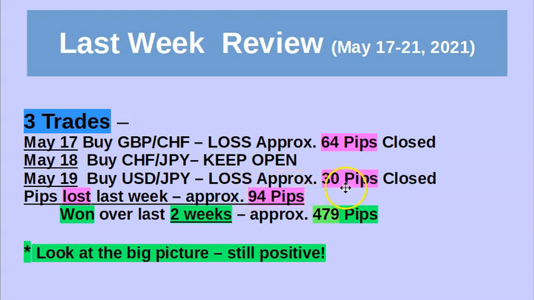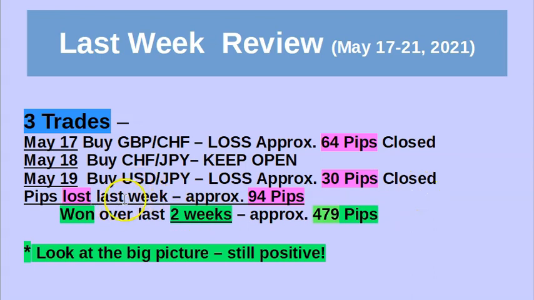It went against us, and I mentioned a few days later to watch to see if this price reverses again in our favor, but to close the trade anyways, okay? But just close it with less, reducing your loss, okay? Now, we'll go over the chart in just a moment. So this was a loss of approximately 30 pips.